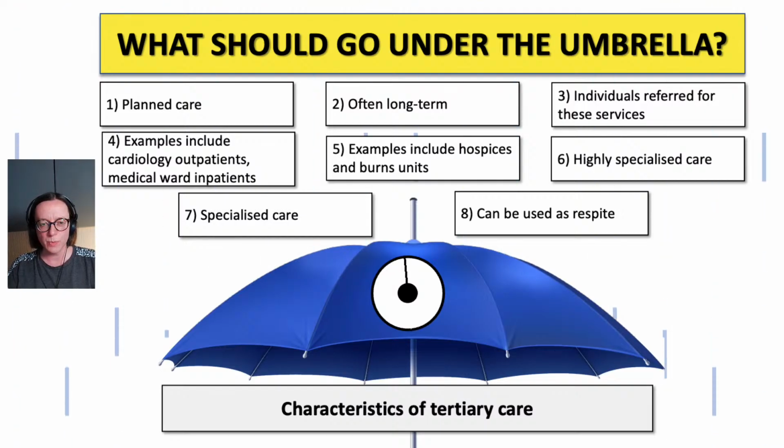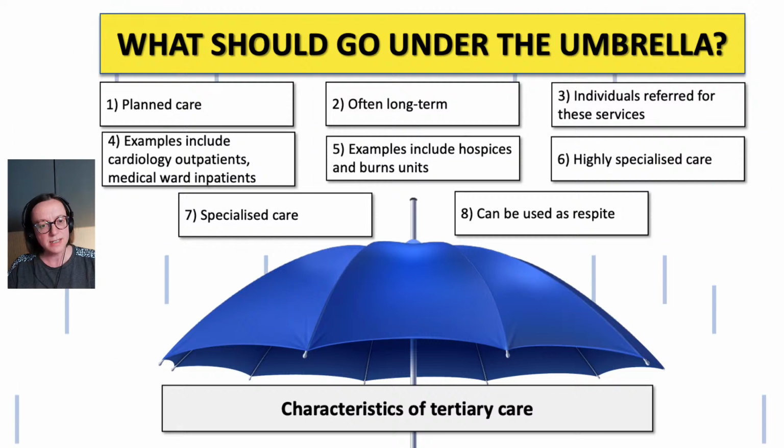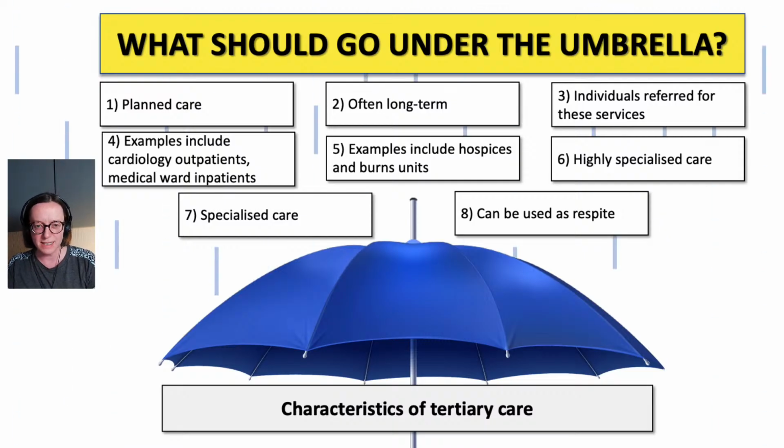Okay, so our options were 1, planned care, 2, often long-term, 3, individuals referred for these services, 4, examples include cardiology outpatients, medical ward inpatients, 5, examples include hospices and burns units, 6, highly specialised care, 7, specialised care, and 8 can be used as respite. Okay, so Shani said 3, 6, 7 and 8.